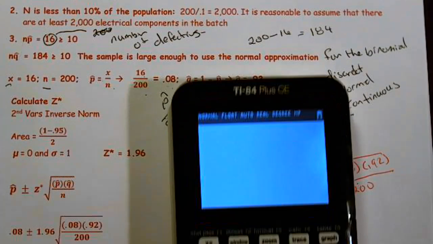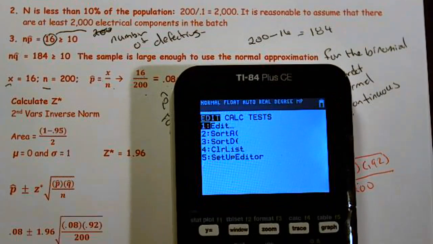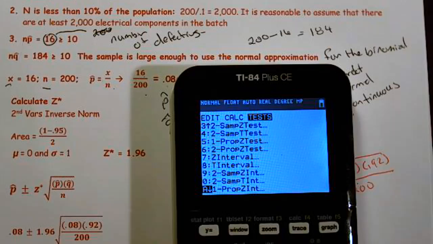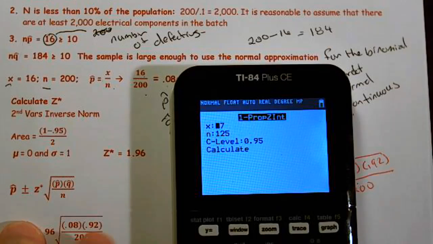To calculate the interval, I'm going to go to stat, arrow over to the word test, and I'm going to drop down past z interval because I'm looking for one proportion z interval. And there it is at letter A. So one proportion z interval. And the very first thing it asked me for is my x.